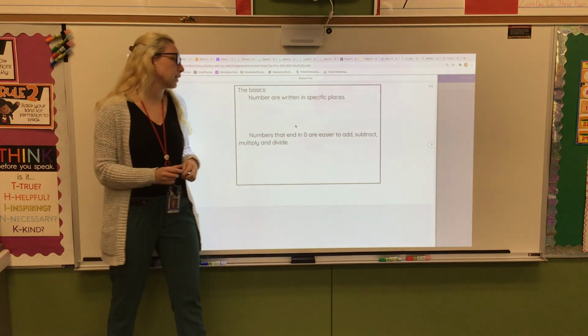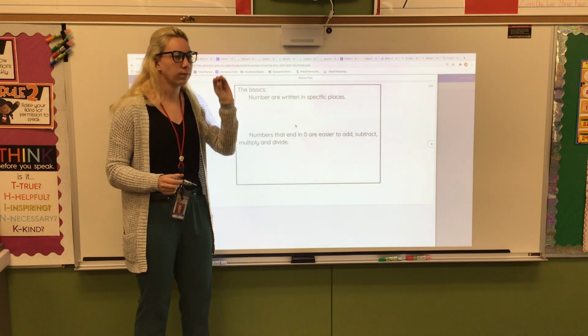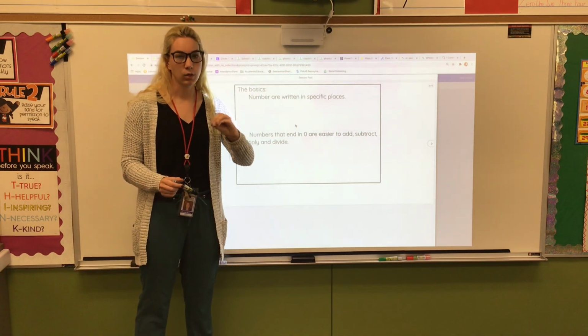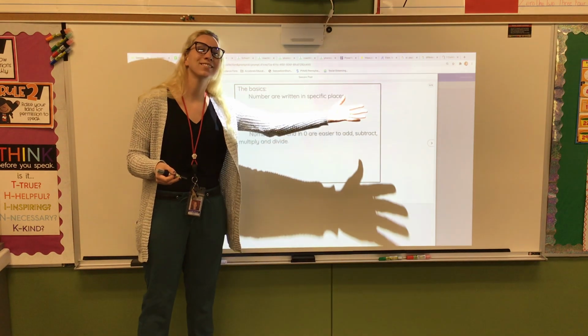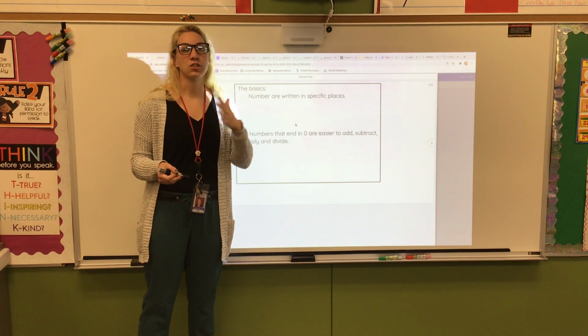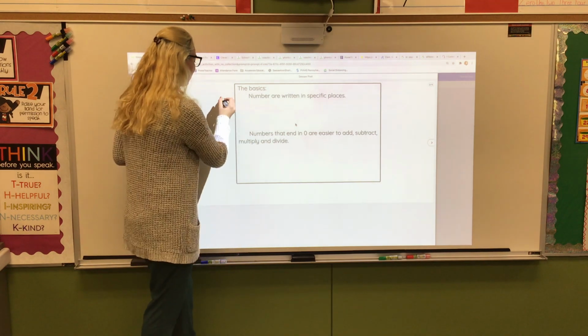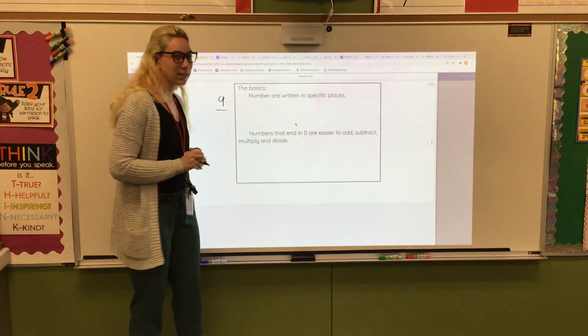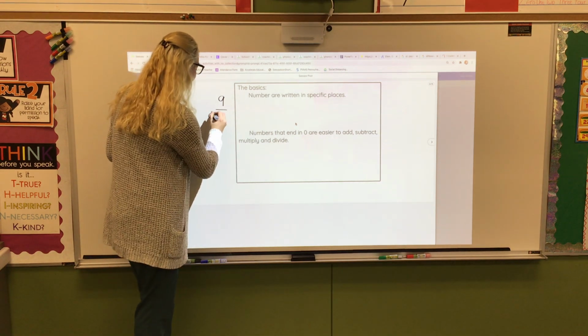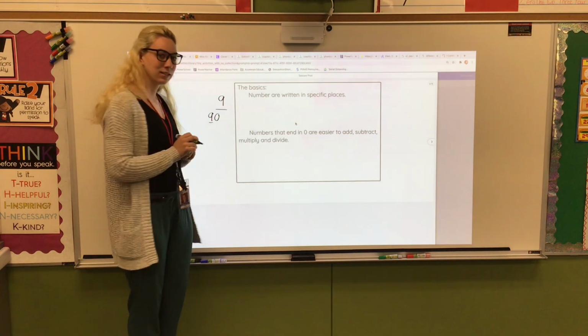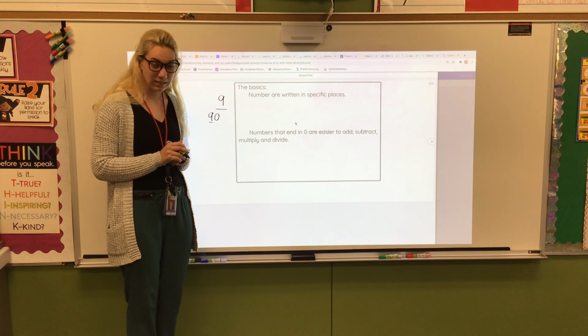Remember, numbers are written in a specific place. They all have their own value based on the place that they're in. While there's only 10 digits altogether, 0, 1, 2, 3, 4, 5, 6, 7, 8, 9, those digits can change in value. A 9 in the ones place is just 9. A 9 in the tens place is now 90.